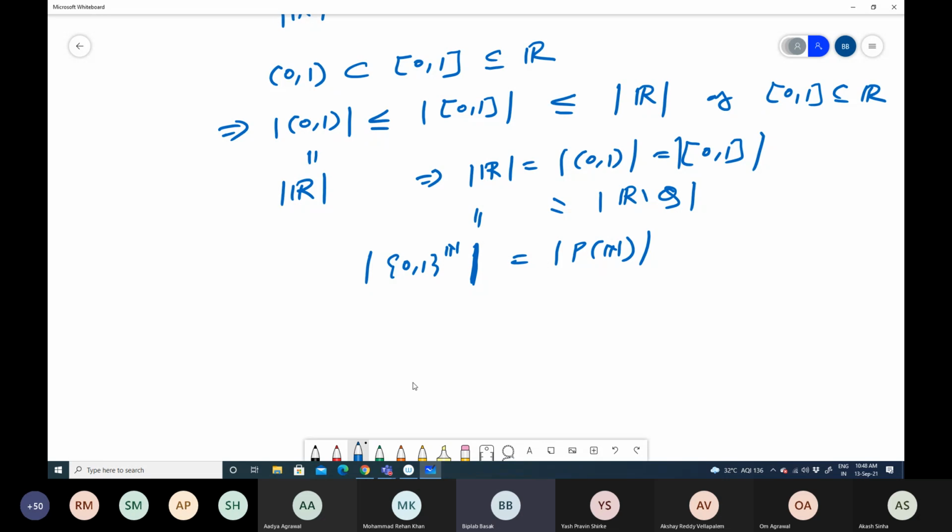And everything is the same, with the notation aleph naught, aleph 1.